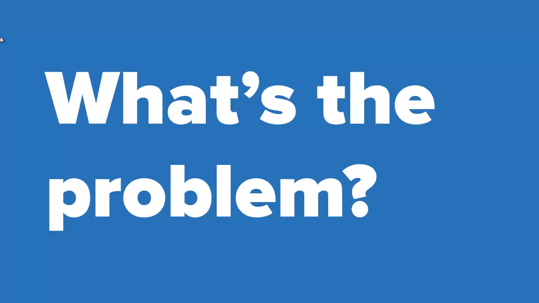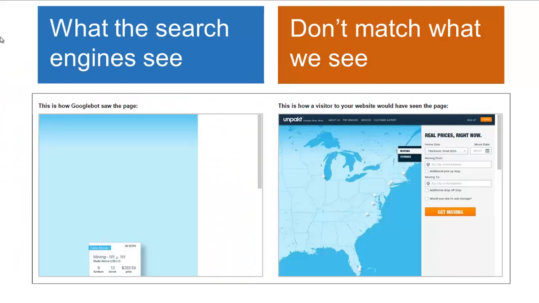So now we're going to talk about, okay, what's the problem? What kind of issues can you see with dynamic content or dynamic websites? The first thing is, what we see and what the search engines see are a lot of times different.